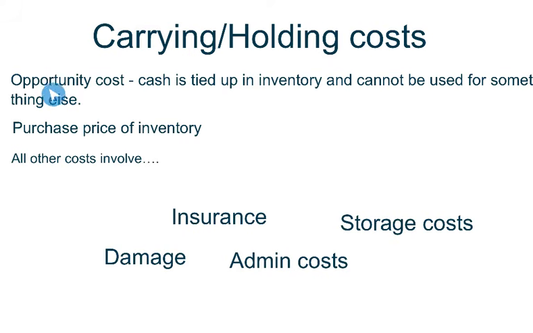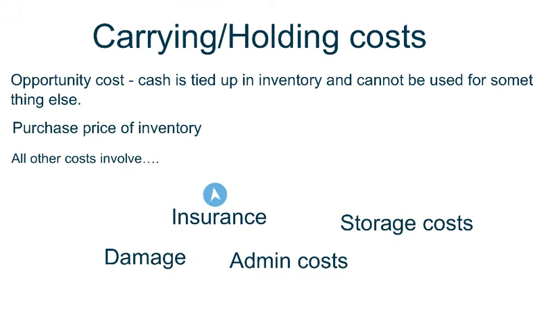And you will remember that opportunity cost is if you use the money or the cash to buy inventory, you can't use that same money or cash to buy something else or to do something else. So the opportunity cost is the cash that is tied up in the inventory and can now not be used for something else.